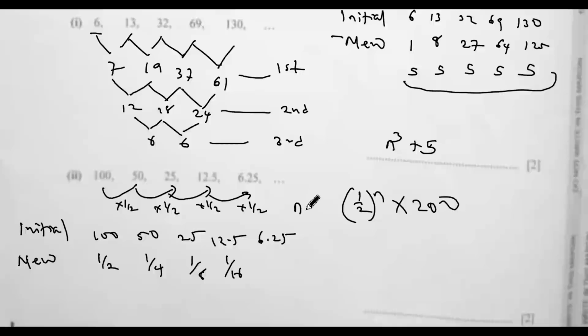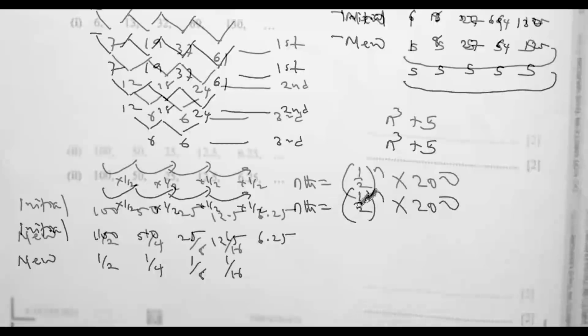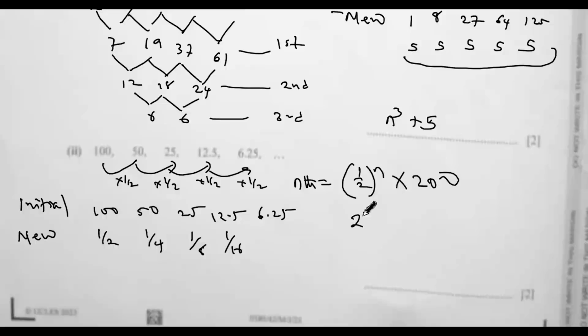Okay, so I have to rearrange this very well. 1 over 2 is the same thing as 2 to the power of negative 1, raised to the power n. I want to write this in such a way that I can get base 2 there. So that will be 8 times 25, and I can write 8 as base 2.